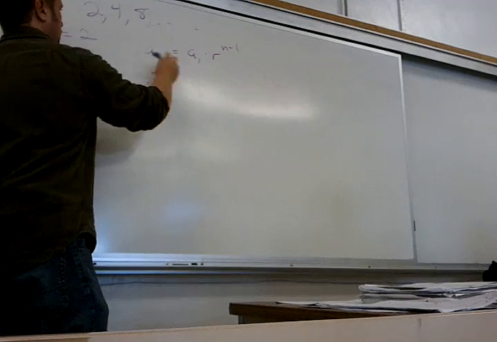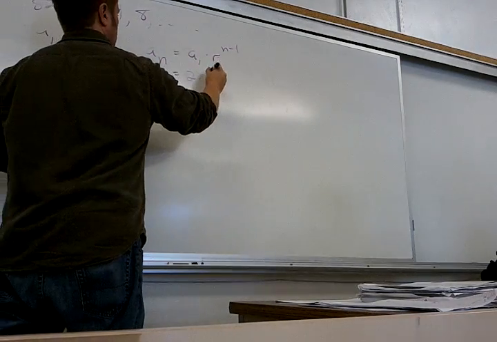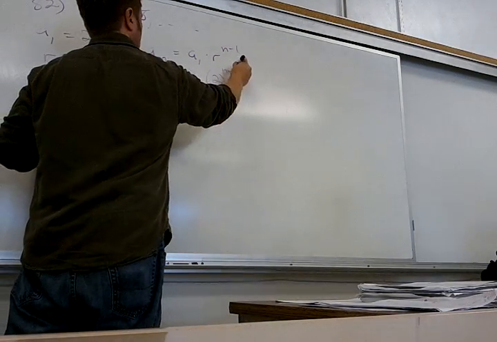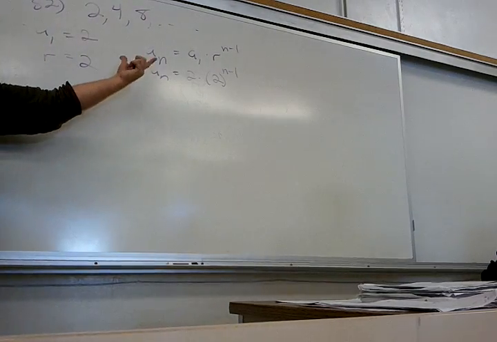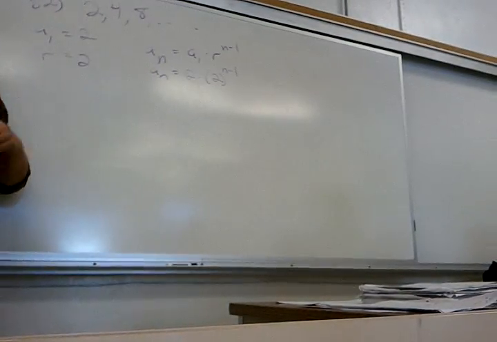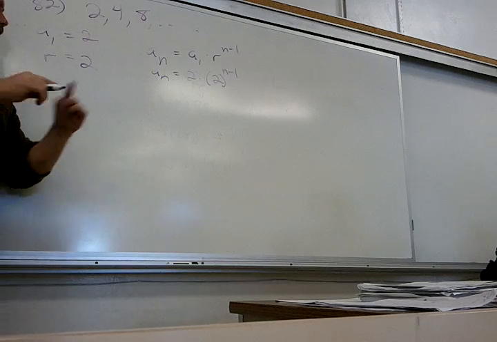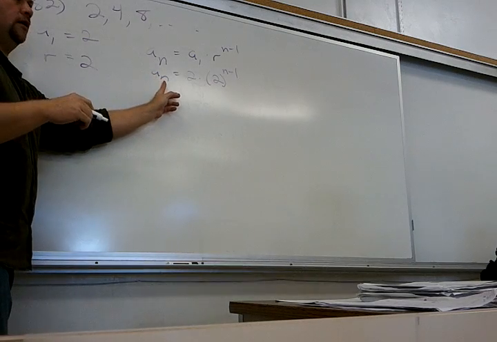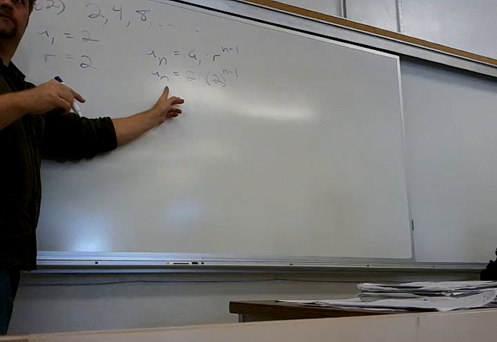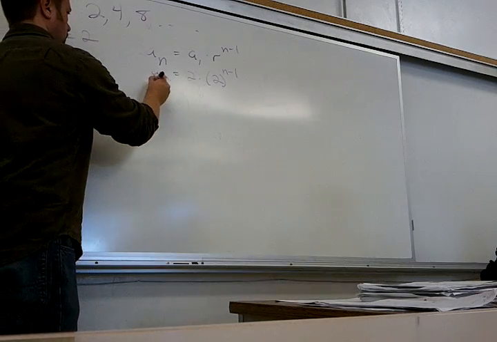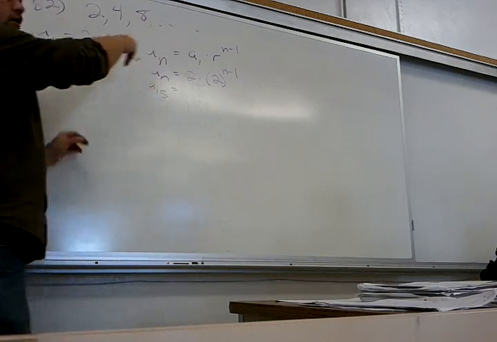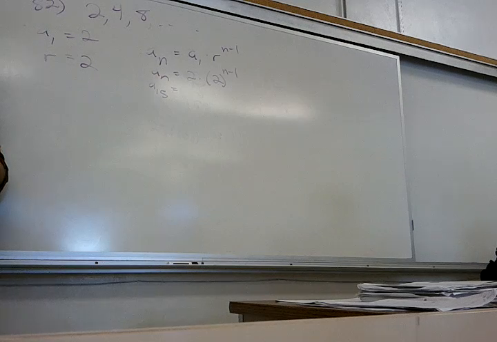So AN would be 2 times 2. Some of you might realize you can simplify that, since they're like bases, but you don't have to. And then I want to know A15, right? So now you can do that.